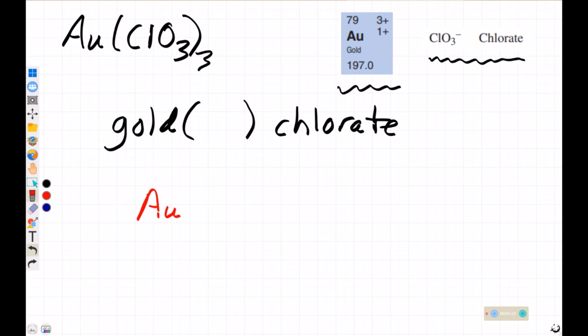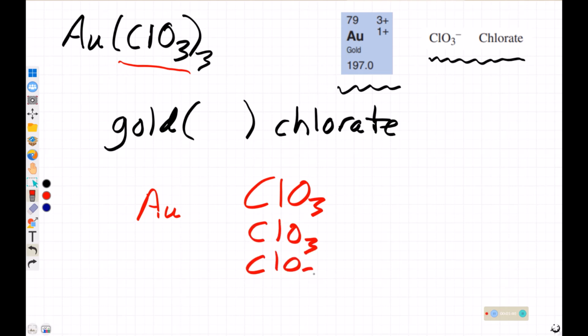We have gold, just a single one of those. And then for chlorate, it's in brackets with a 3 on the outside, which means that there are 3 copies of this, each of them with a charge of -1, giving us an overall negative charge of 3.